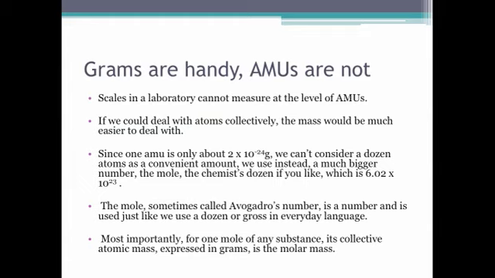So to give you an example, if you look up the atomic mass of carbon, it's 12 atomic mass units, which means that if I have 1 mole of carbon, I will actually have 12 grams of carbon. Or, if you want to look at it the other way around, if I've got 12 grams of carbon, I must have 1 mole of carbon atoms. Or, if I had 6 grams of carbon, I must have half a mole of carbon atoms. I think you can start to see the use of moles.